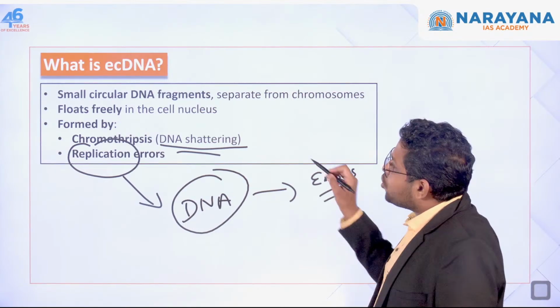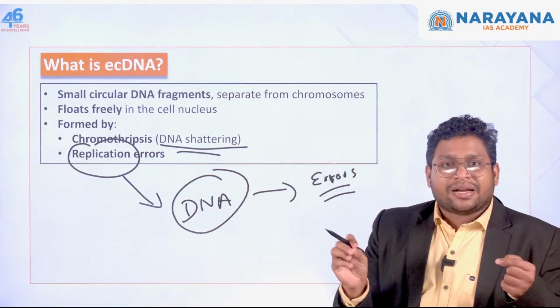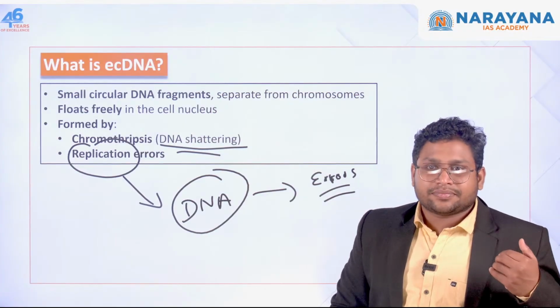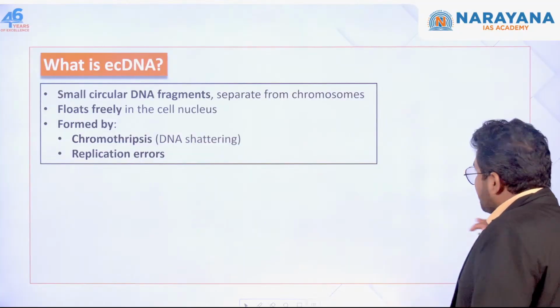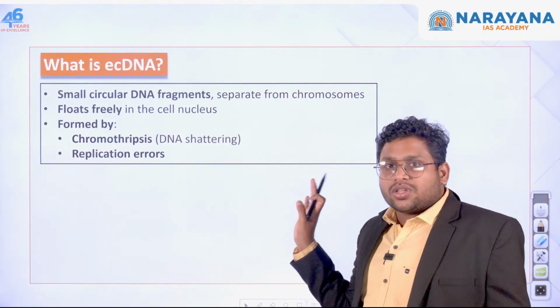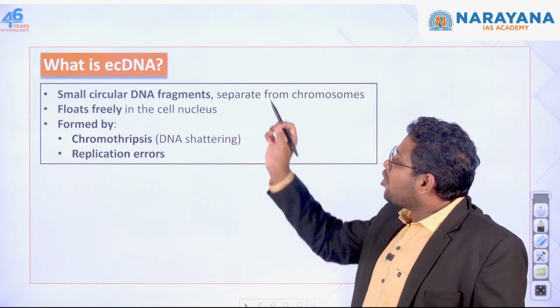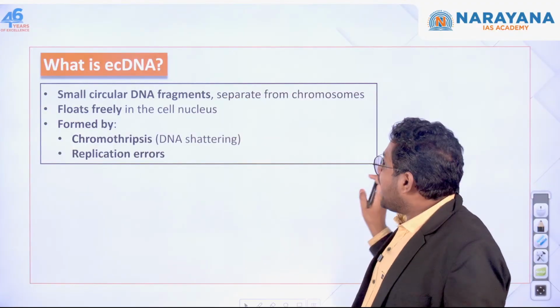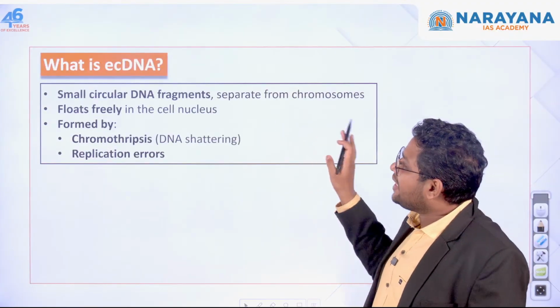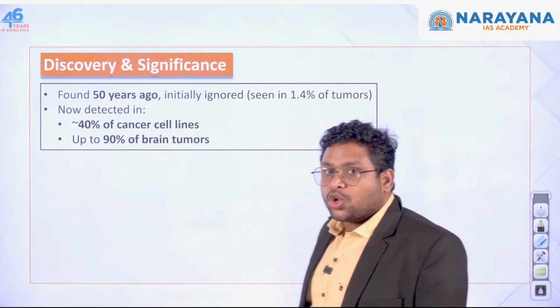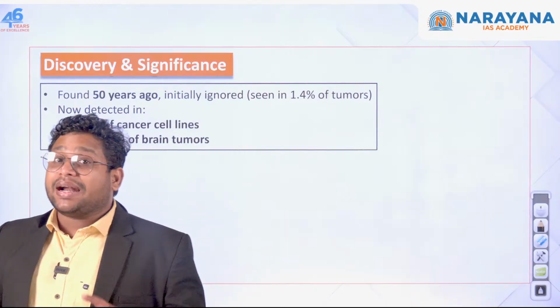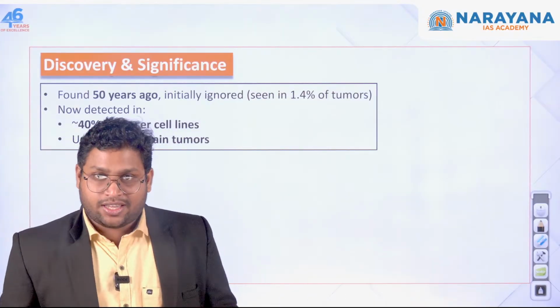Because of those errors, such fragments will get separated, or because of something called chromothripsis also. Because of this reason also, these small circular DNA fragments may come out and start floating in the nucleus. Now these are also your DNAs, but they are extra chromosomal DNA.